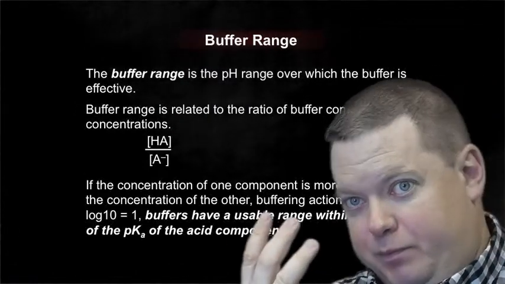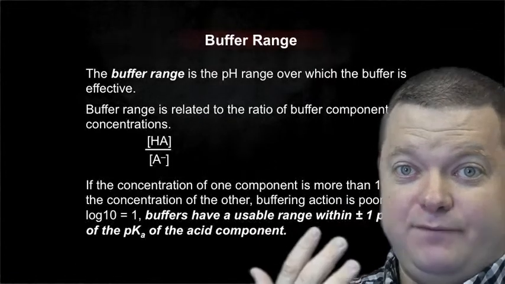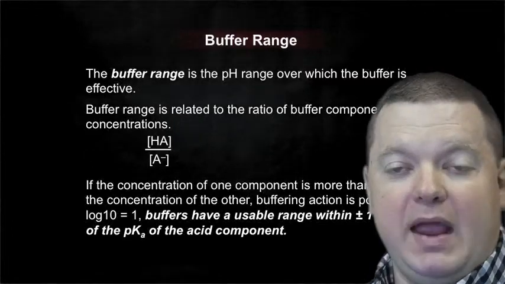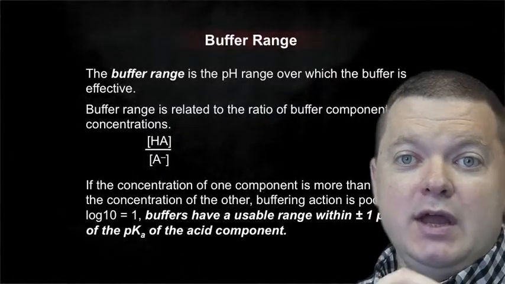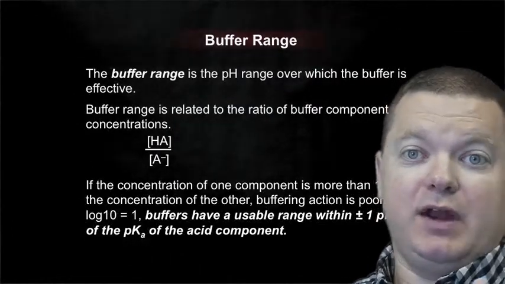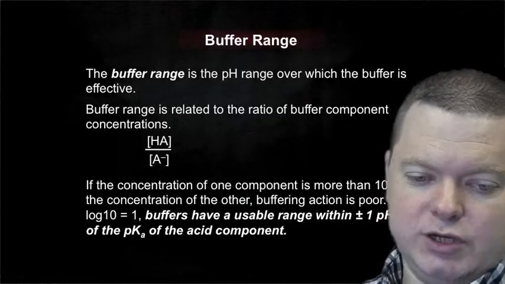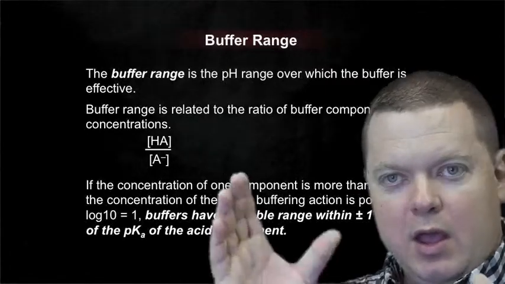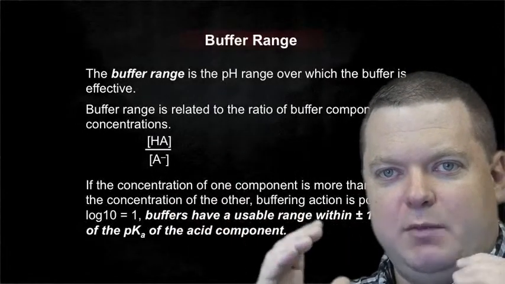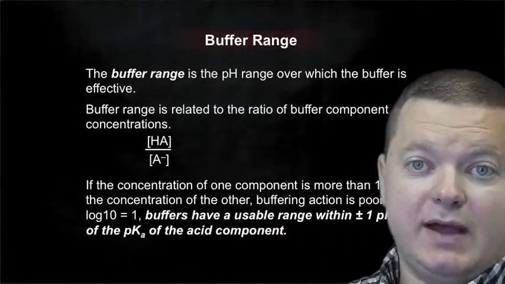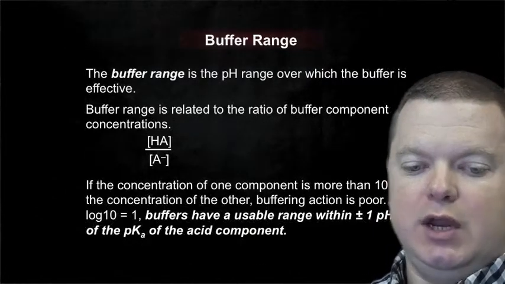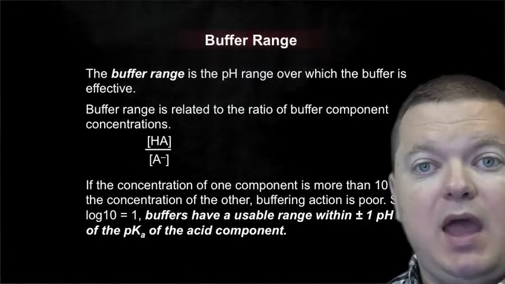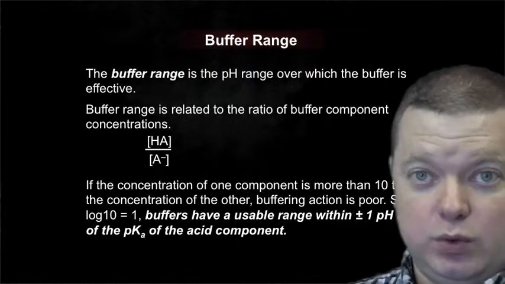So if it's buffered at a pH of, say, 4, it's going to be able to maintain a fairly stable pH until we get to a pH of about 5, and then a small addition is going to cause a large change in pH, or 3. Right? Either way, within that range, we can add quite a bit of acid or base before we get a substantial change. So this buffer range is typically plus or minus 1 pH unit of the pKa of that individual acid component.